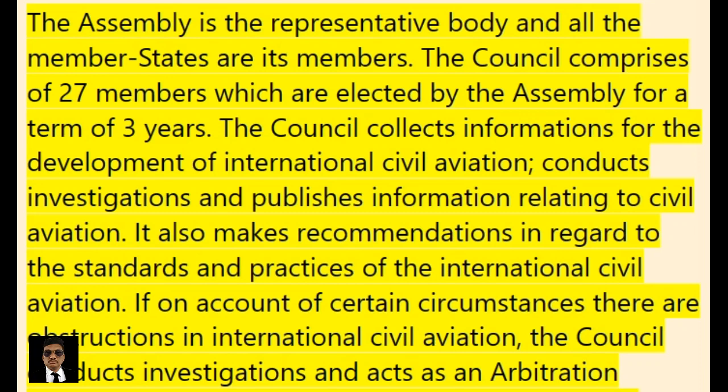The Council collects information for the development of international civil aviation, conducts investigations, and publishes information relating to civil aviation. It also makes recommendations in regard to the standards and practices of international civil aviation. If on account of certain circumstances there are obstructions in international civil aviation, the Council conducts investigations and acts as an arbitration council to decide the disputes amongst the states.